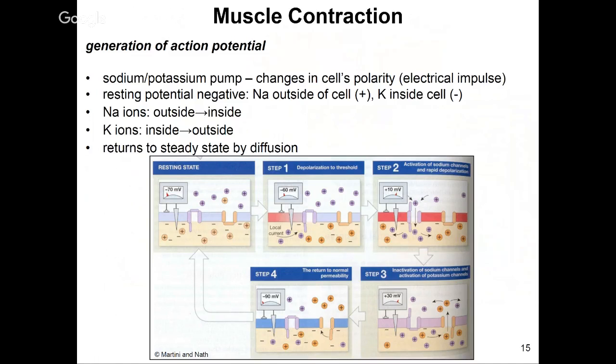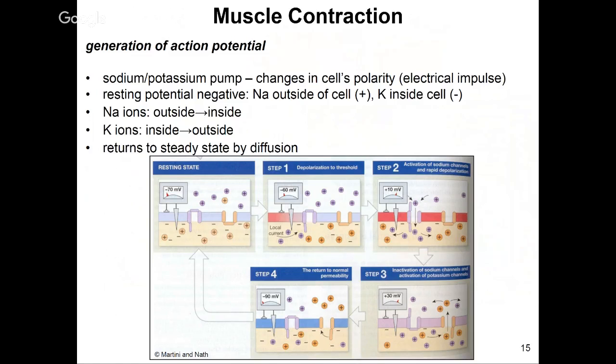If you go down to step three, so make sure you're not in step four, but looking at step three here, once you reach a positive 30 millivolts, then the sodium channels are inactivated and the potassium channels get activated, and they open up, and potassium ions then flood out of the neuron.